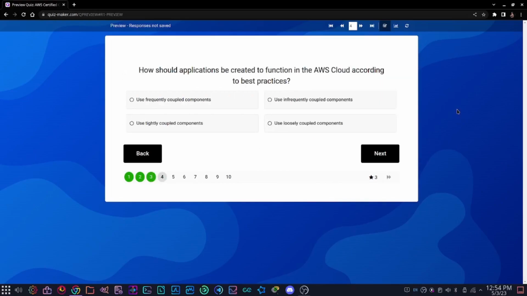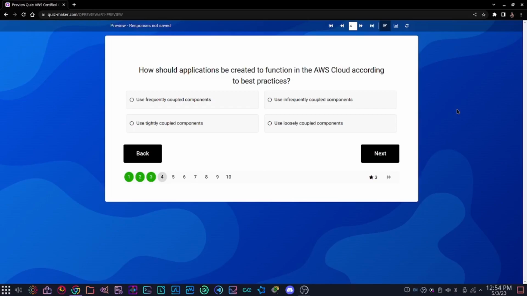Fourth question, how should applications be created to function in the AWS cloud according to best practices? First option, we have use frequently coupled components, use infrequently coupled components, use tightly coupled components, use loosely coupled components. I just want to touch up on this one a little bit because I know this is one that new people kind of get tripped up on.